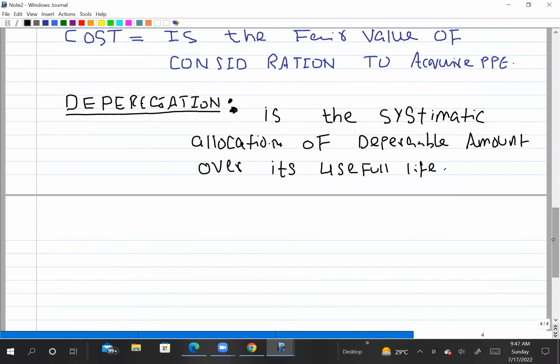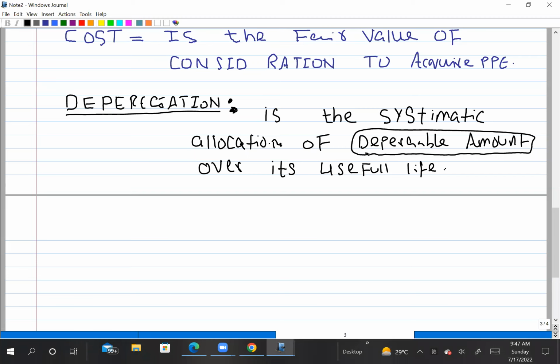But before that, what is depreciable amount? Depreciable amount means the amount which will be depreciated. That amount is known as the depreciable amount.